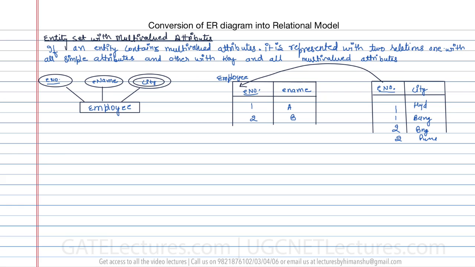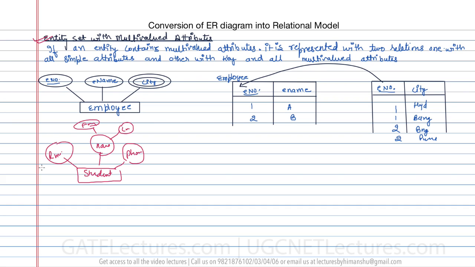Now check this out. Here it says the entity set with a multi-valued attribute. Sometimes it can happen that you have multiple values. If I take a student as an entity, a student can have a roll number, a name that can be further divided into first name and last name, and a phone number.